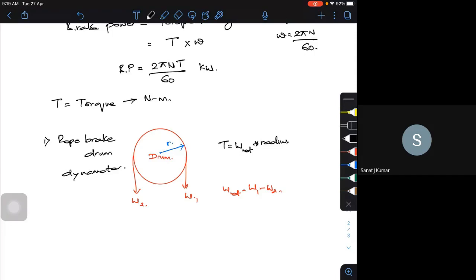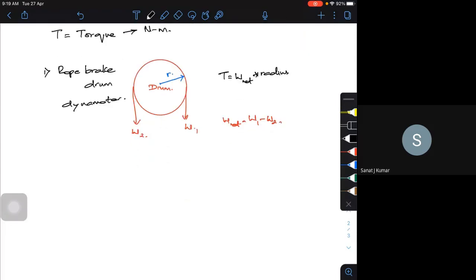There is another method, the inductance type of dynamometer, that is, the inductive dynamometer. Here we use electrical energy, so the torque will be directly given by the voltage applied times the current.